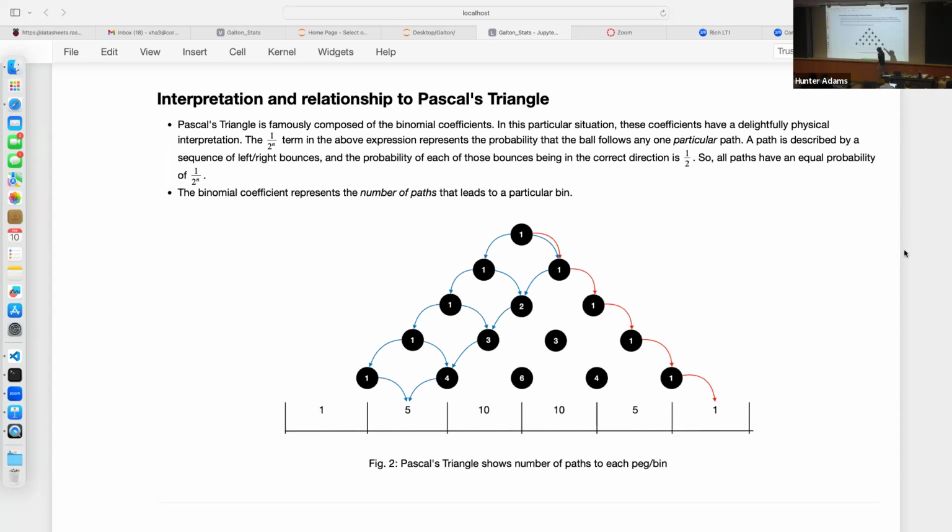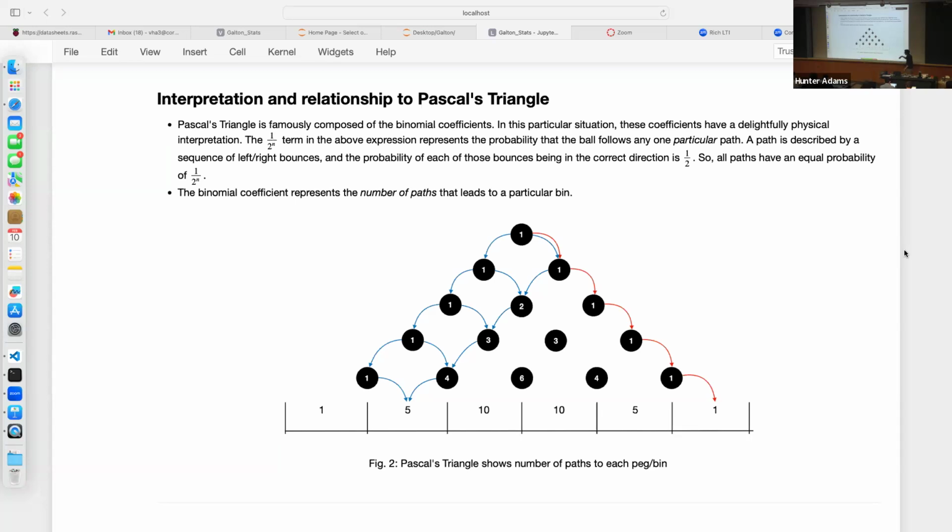And the numbers here come from Pascal's triangle. So we have 1, 1, 1 at the top, right? We have 1 plus 1 is 2 here, 2 plus 1 is 3. You may remember how you build up Pascal's triangle by adding the two above it. So you build this up. What you end up down here is 1, 4 plus 1 is 5, 6 plus 4 is 10, 6 plus 4 is 10, 4 plus 1 is 5, and 1.